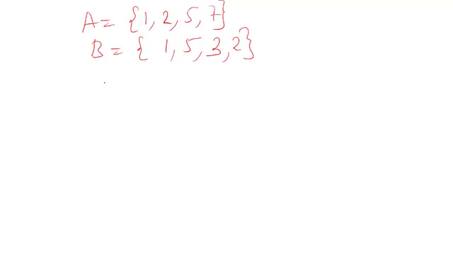Now if you watch what is going on, I say write A union B. Remember I say you write out everything in A, 1, 2, 5, and 7. Now if you want to write that of B, 1 is already here, don't write it again. It's wrong to write two numbers the same in a set. 1 is here, you will not write it again. 5 is here, you will not write it again. 3 is not here, you put 3 here. And 2 is already here. So A union B is this. You don't repeat numbers like this in a set.